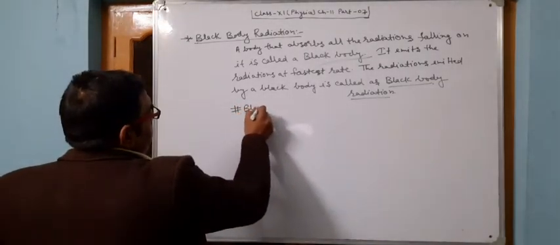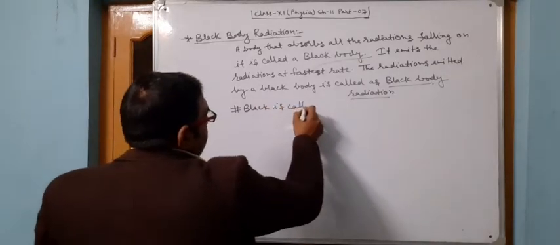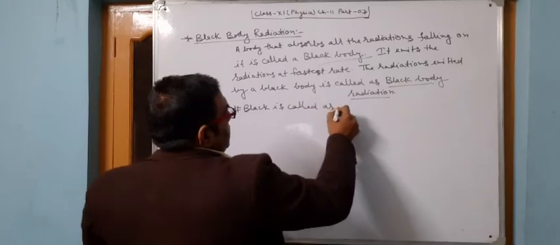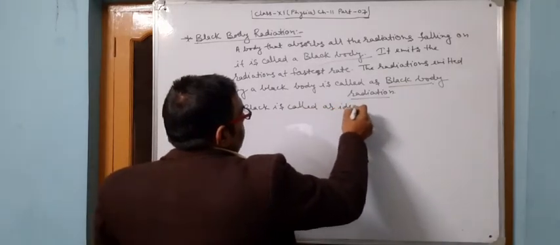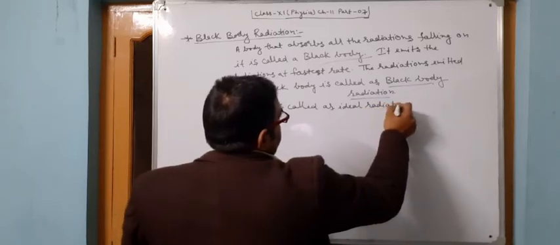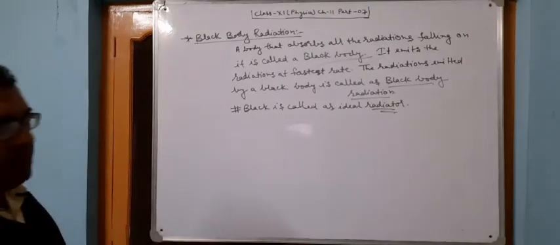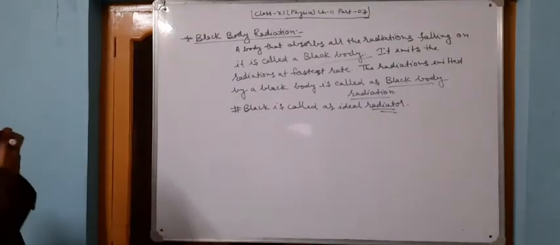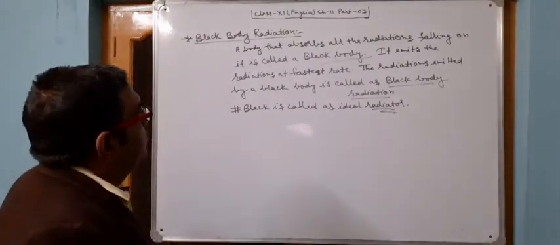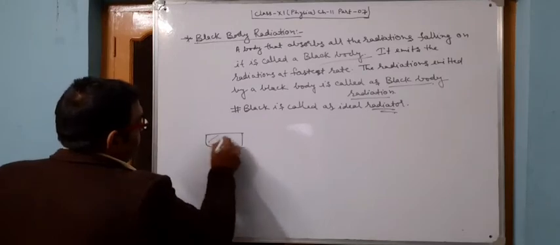Black body is called as ideal radiator. Suppose there is a black body, look at here, this is a black body.